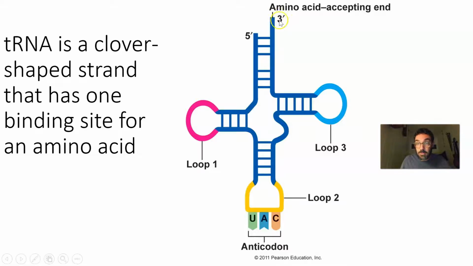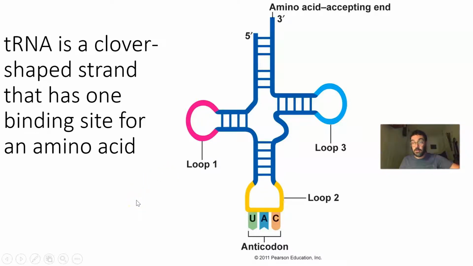It has a 3' end, which then goes all the way around to the 5' end over here. But these tRNA strands are uniquely designed so that they maintain a consistent shape, and they only serve one function, which is to basically bind to an amino acid and then carry that amino acid to a ribosome so that it can be added to a protein. And then it goes back and it finds another amino acid and does it all over again.